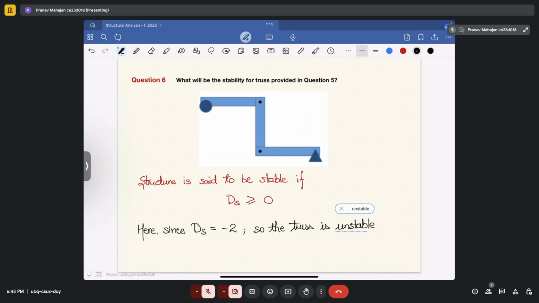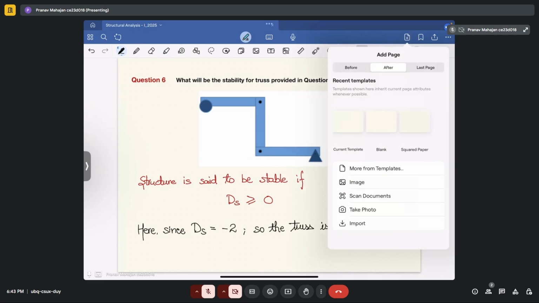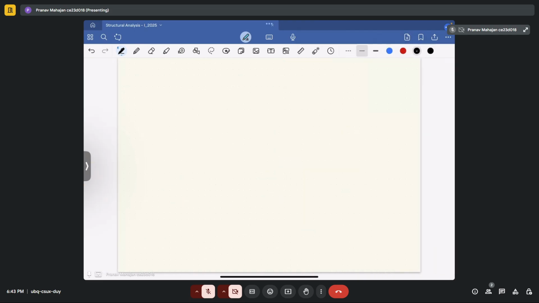Now if we have to further classify whether it is internally unstable or externally unstable, how will we define that? If you see in the question, there are 3 unknown reactions externally.